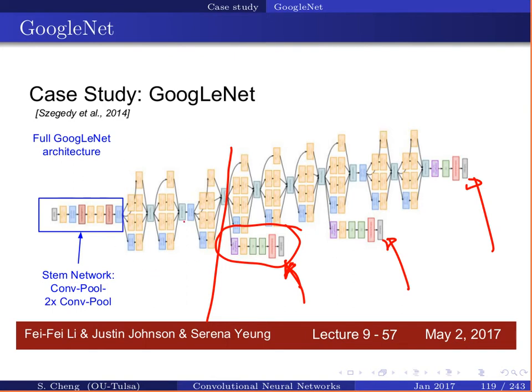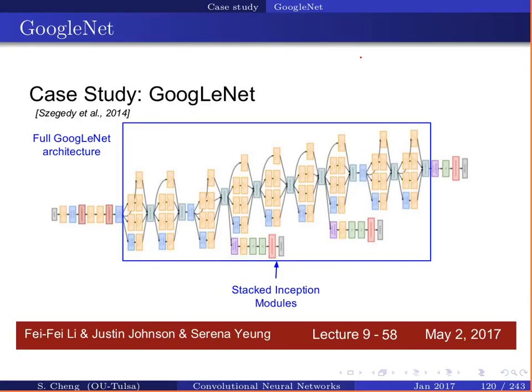You still train end-to-end, but because you have these auxiliary outputs, this helps you train just these several layers, and this helps you train these layers and so on. Any questions here? So it's more or less the GoogleNet architecture.